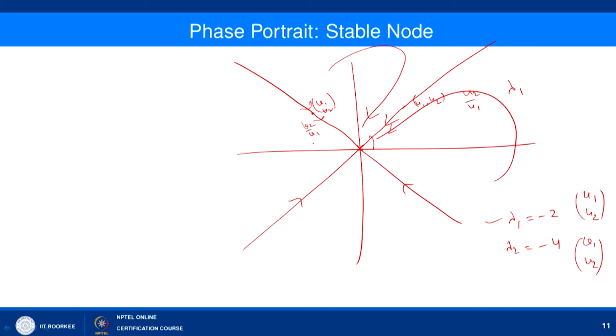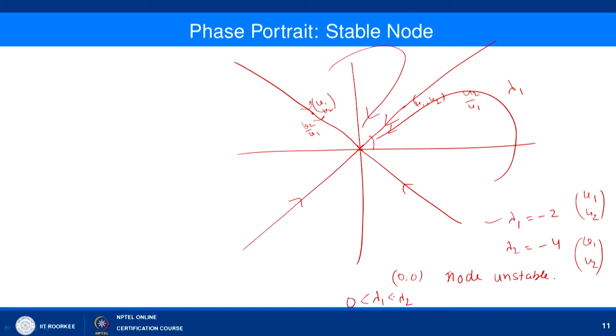It means that all the solutions will go away from the origin towards infinity. So, 0 comma 0 will be a node, but in this case it is an unstable node. This is the case corresponding to 0 less than lambda 1 less than lambda 2.